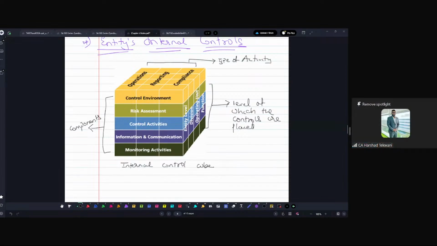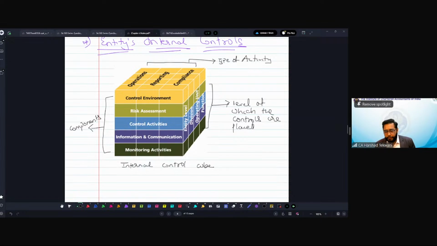Come on, guys. Okay. Anyone? The elements which are part of the first component, that is a control environment.